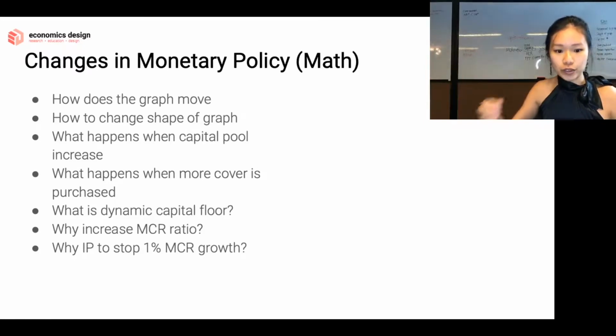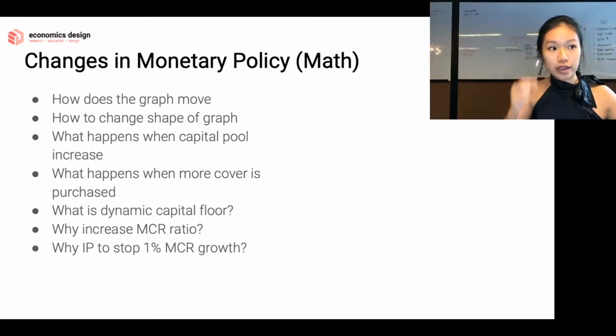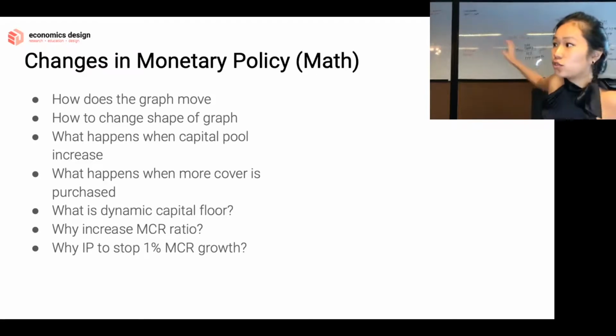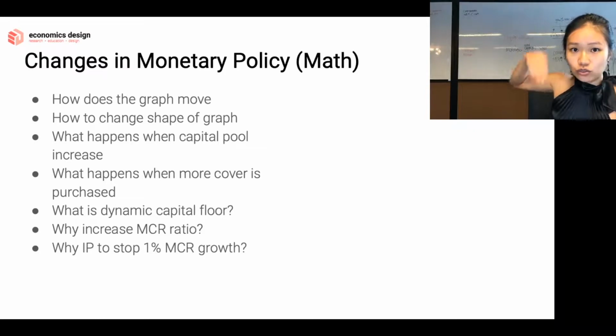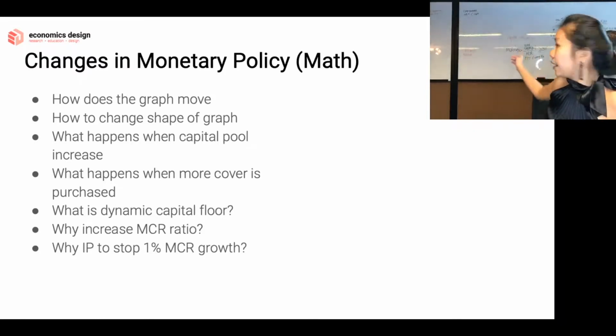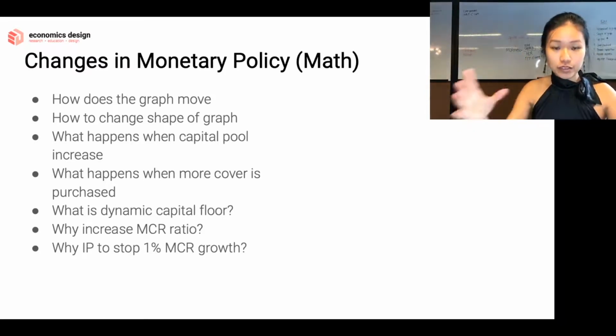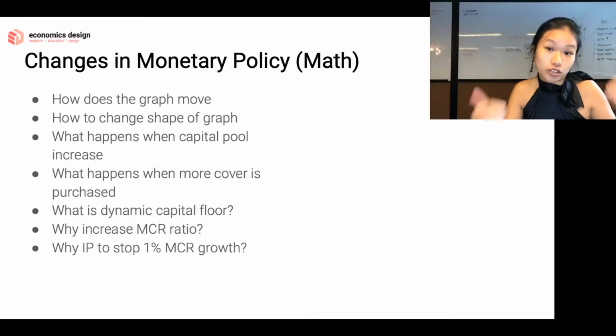There's a lot more capital than the minimum capital requirement to cover the losses. So then you can use this capital efficiently. And what they've done now is to grow the MCR a lot quicker, which means it will drop back to 130%. That lowers the MCR ratio, and because there's more demand in the DeFi ecosystem, which is good.